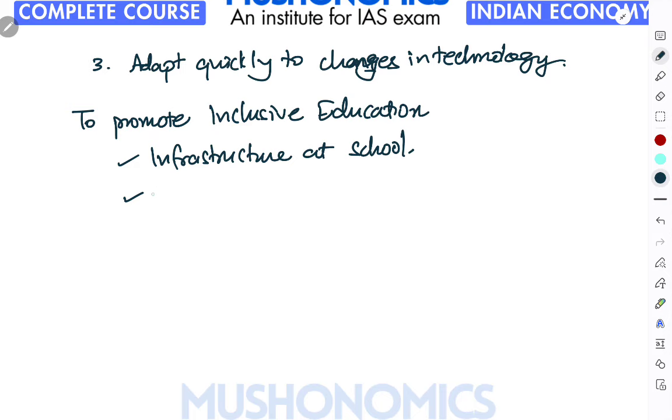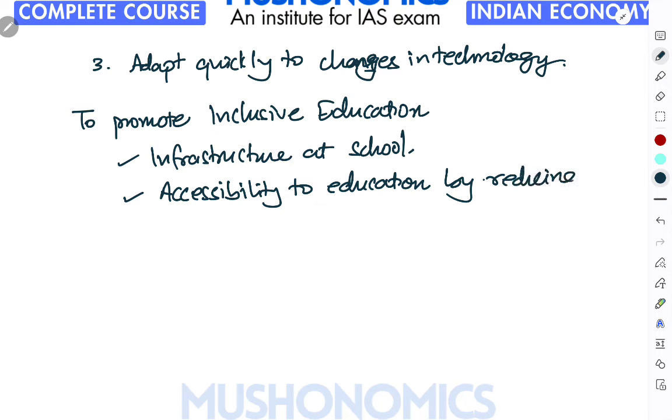For example, teacher absenteeism is there. So accessibility to education by reducing teacher absenteeism. If teachers are not there in government school, they are employed but they are not visiting school sometimes. So teacher absenteeism, I hope you can recall.